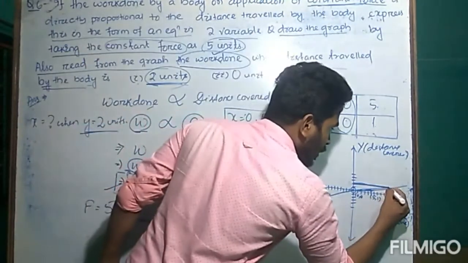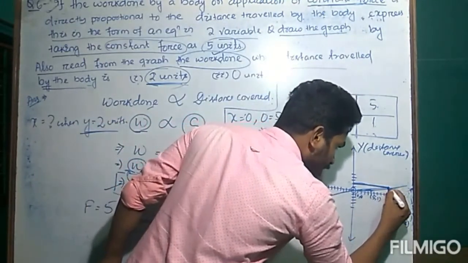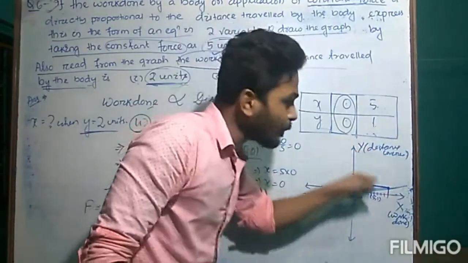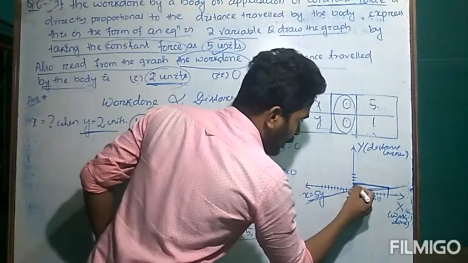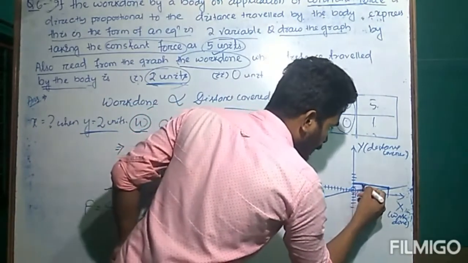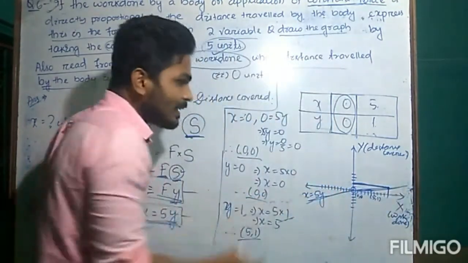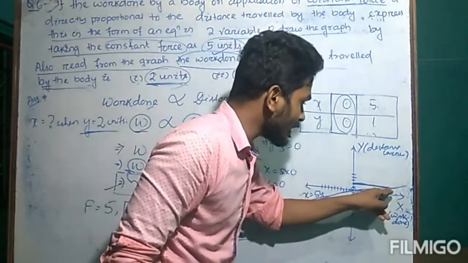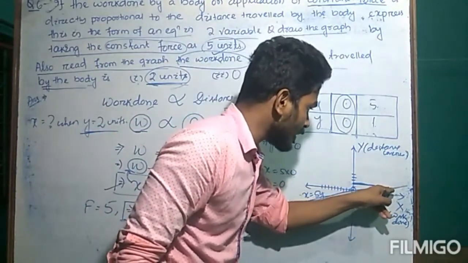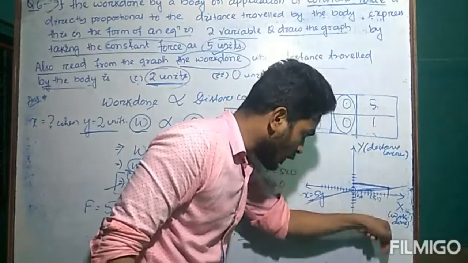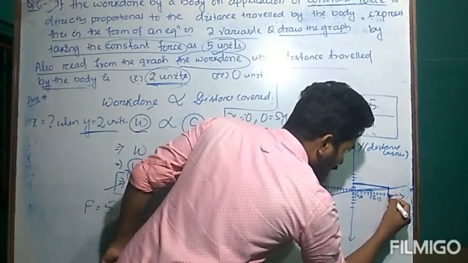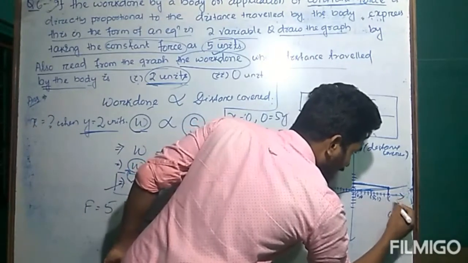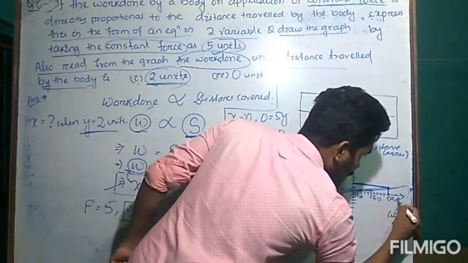Now you have to draw a perpendicular to the x-axis from that point. So first you draw a line from 2 units to the graph line, so that it intersects the line at a point, and from this point you draw a perpendicular to the x-axis. Now you can see this coordinate is 10, 0.